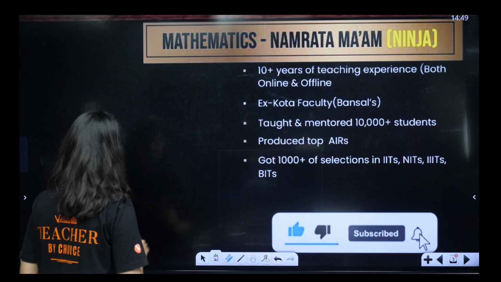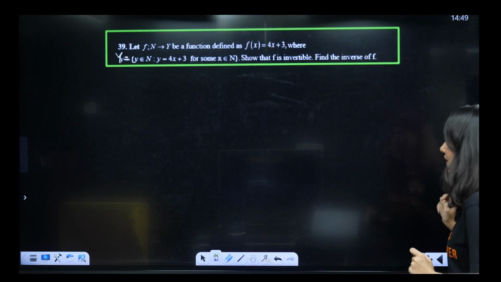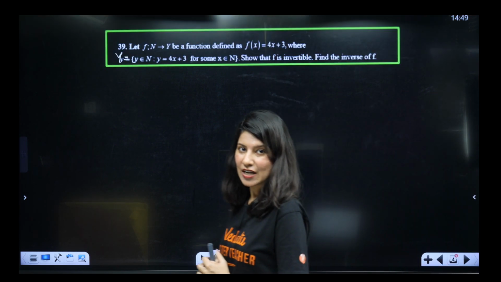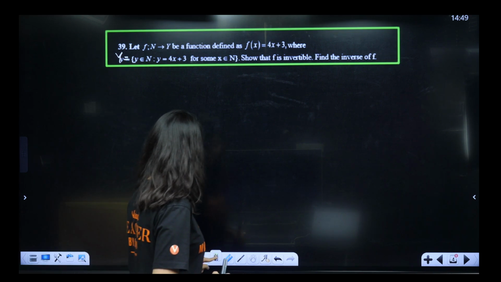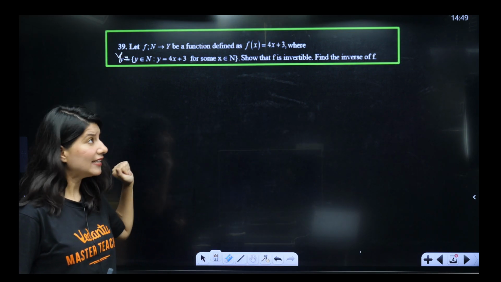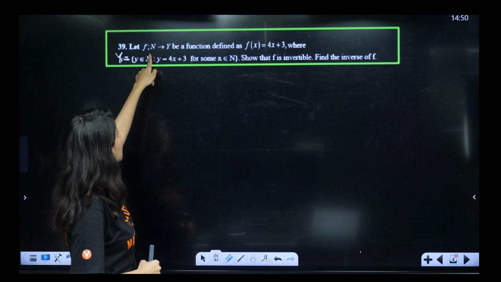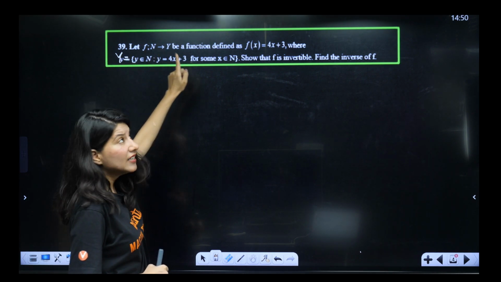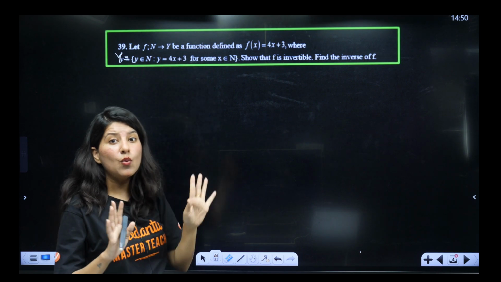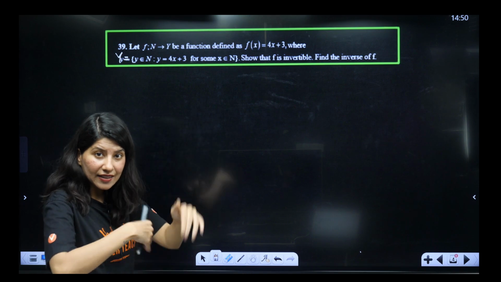So the very first question is from the chapter functions, and this is going to be a 5-mark question. Let f be a function defined from N to Y. Here N is the set of natural numbers and Y is a set defined in the question.